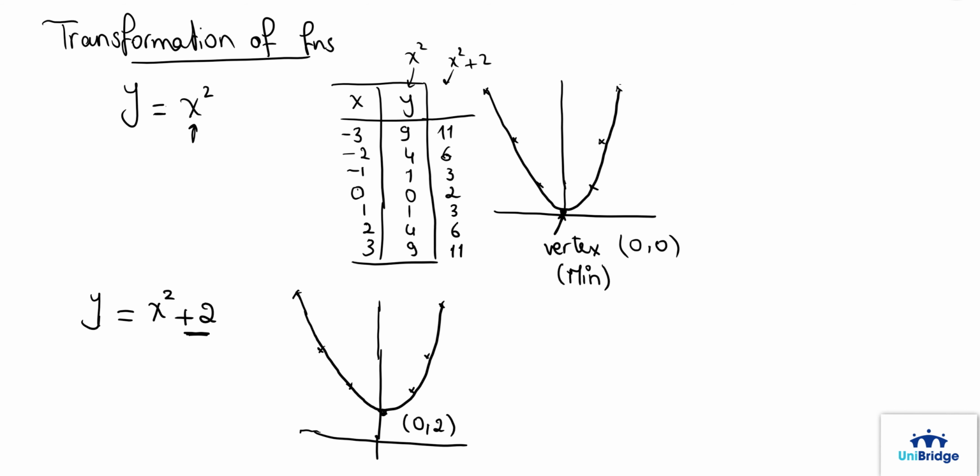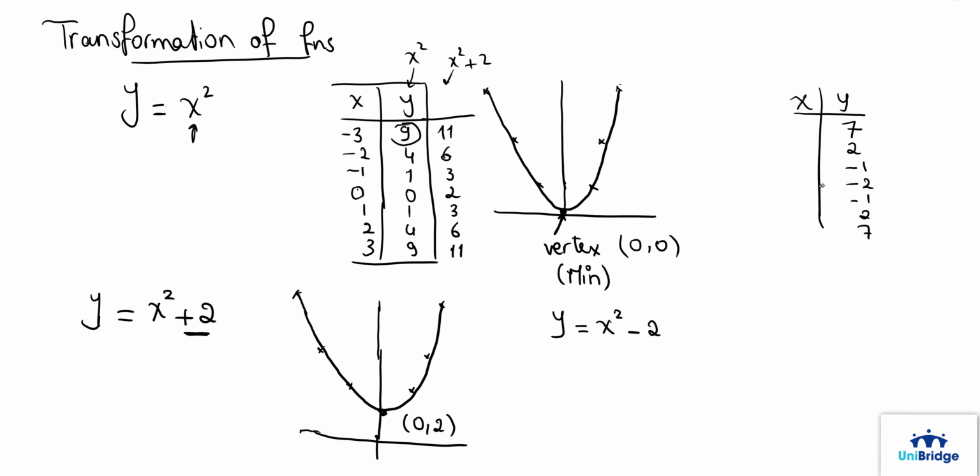In the same sense, if you plot x squared minus 2, and you take the same values for x, the y's are going to decrease by 2. So if it was 9 at x squared, it's going to be 7, and then 2, -1, -2, -1, 2, and 7.